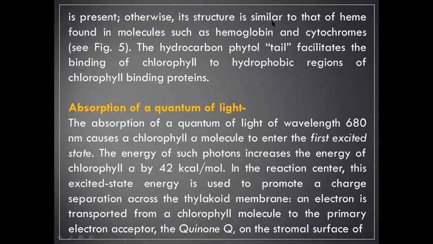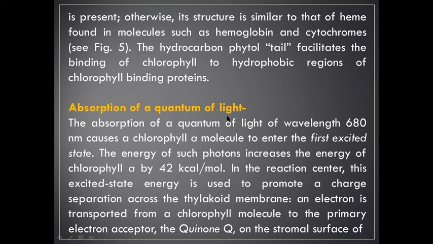Otherwise, its structure is similar to that of heme found in molecules such as hemoglobin and cytochromes. The hydrocarbon phytol facilitates the binding of chlorophyll to the hydrophobic region of chlorophyll binding proteins.